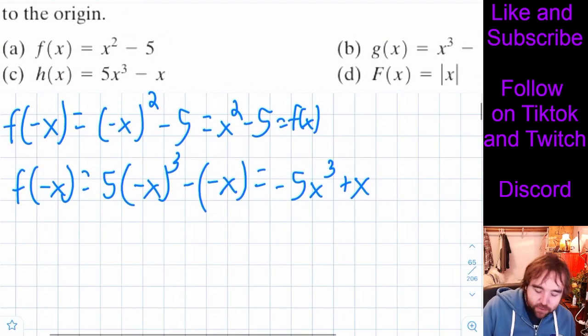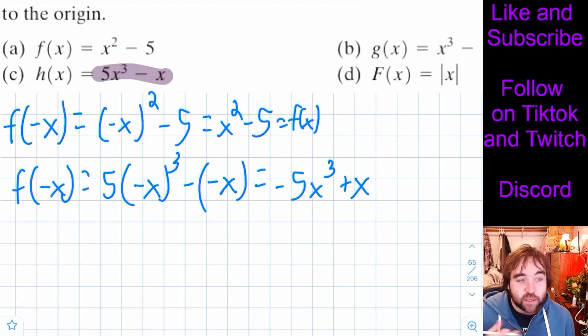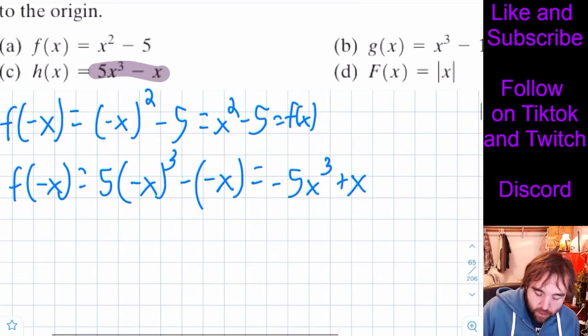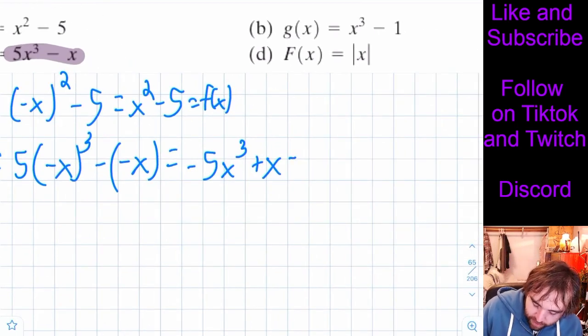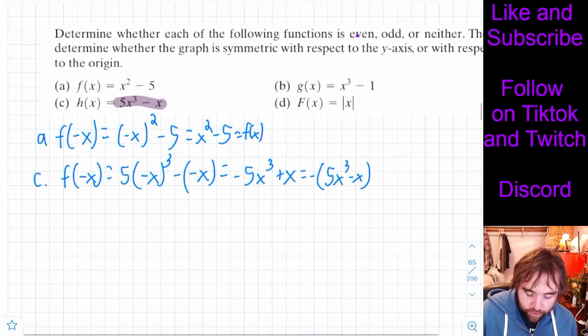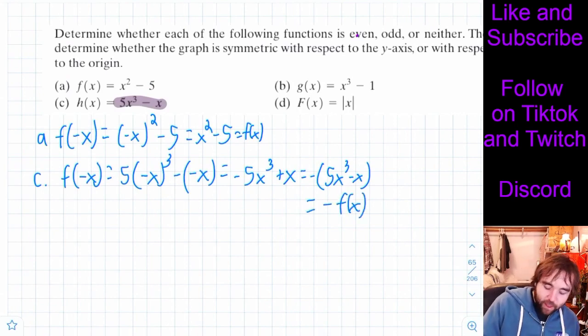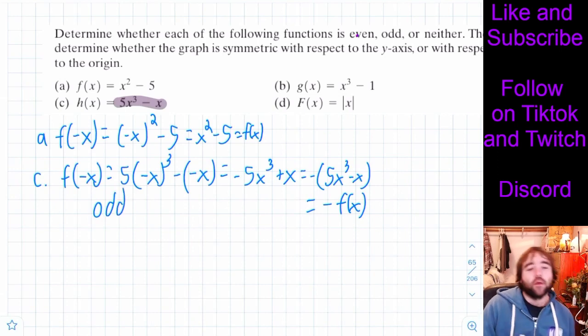And so we can definitely see that that's not the same as the original, right? But you also see that all of the signs are different. So if we would factor out a negative, then we would end up with the original function. So we ended up with negative f of x. And that is what happens when it's an odd function. You plug in negative x, you get out the negative y value.